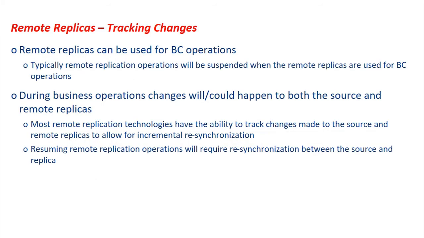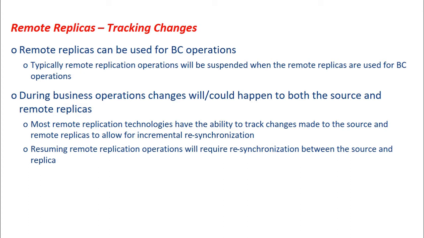So let us see how we can track changes to remote replicas. Remote replicas can be used by business continuity operations. So typically remote replication operations are suspended when the remote replicas are used for business continuity operations. During business operations, changes could happen to both the source and the remote replicas.